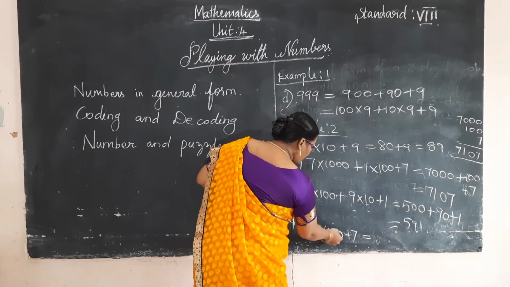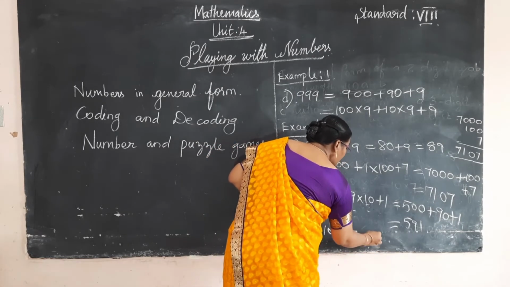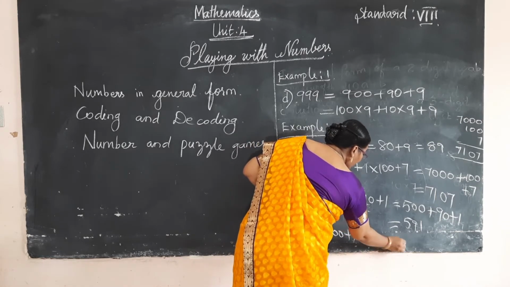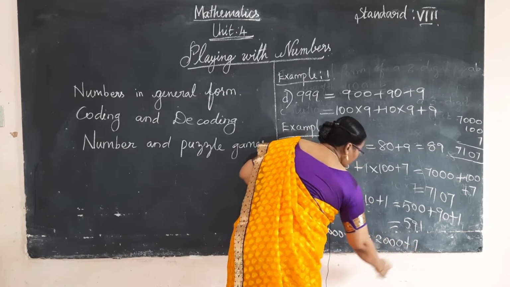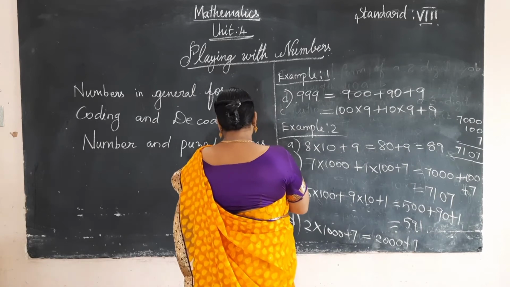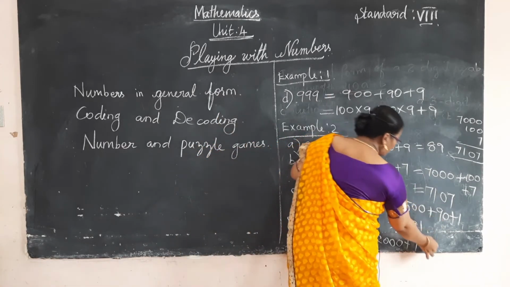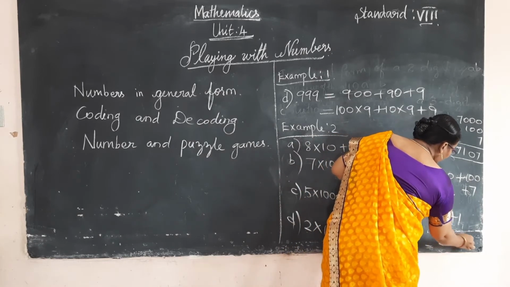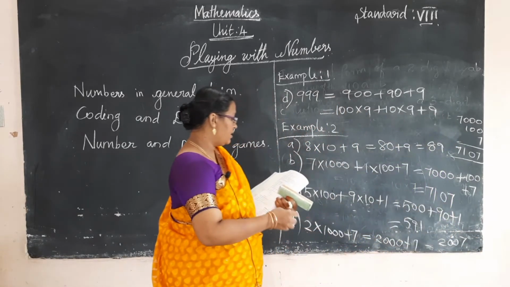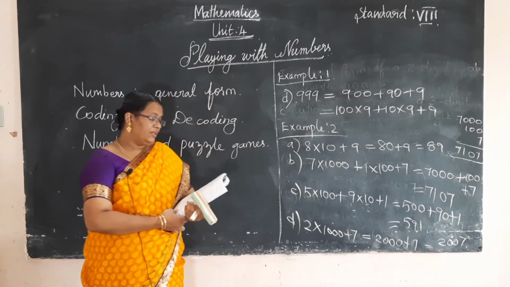Multiply this: 2 into 1000 is 2000 plus 7. Add these two values: 2007. That's it.